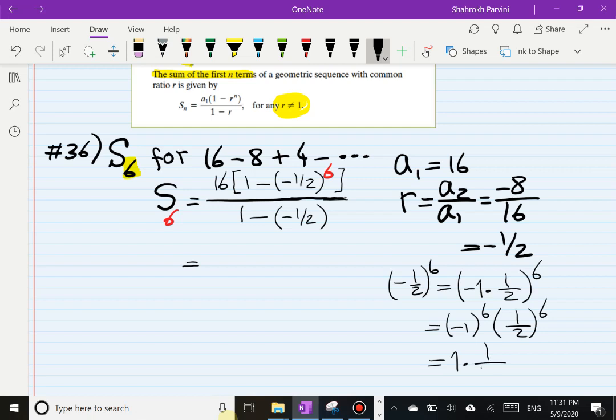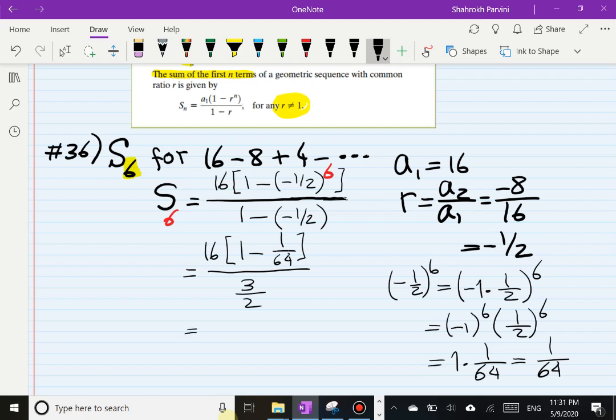That's 1/64. So in the numerator, I have 16 times bracket 1 minus 1/64. And in the denominator, we have 1 minus a negative 1/2. Well, 1 minus negative 1/2 makes it 1 plus 1/2, which is 3/2, doesn't it? 1 and 1/2 is 3/2.